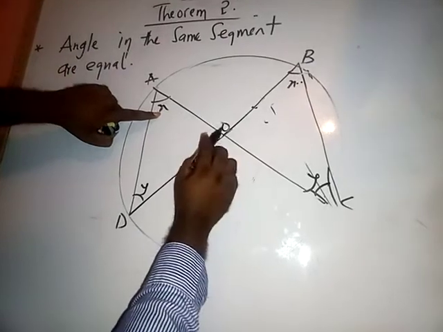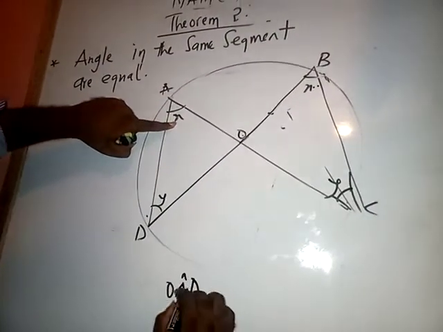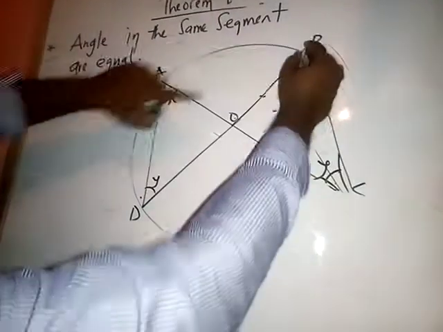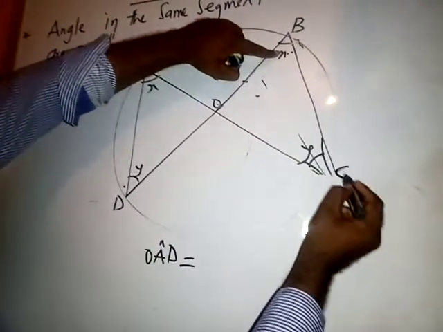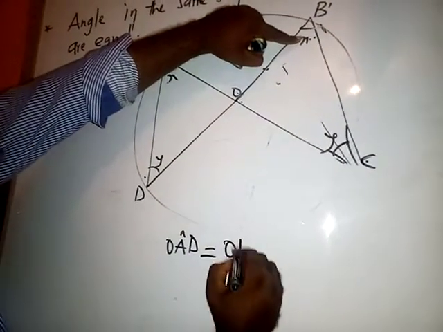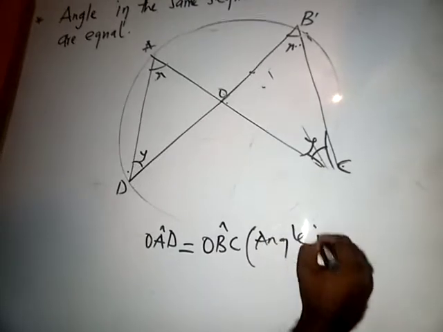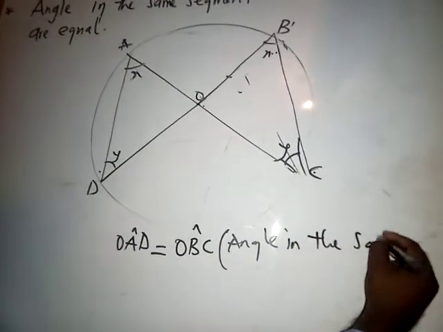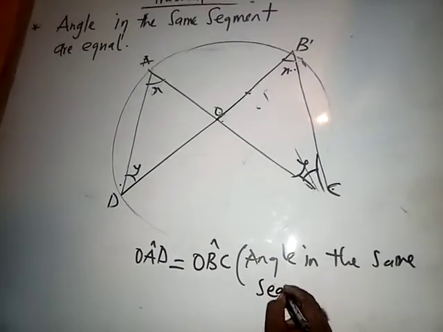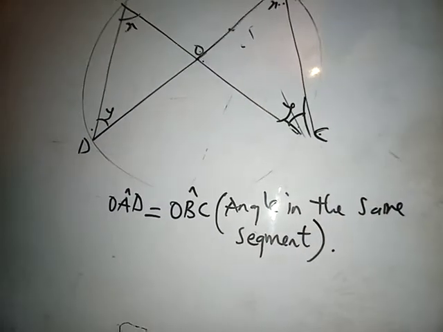Angle x is OAD, and OAD is equal to this angle here, which I say is OBC. Why? Angle in the same segment.